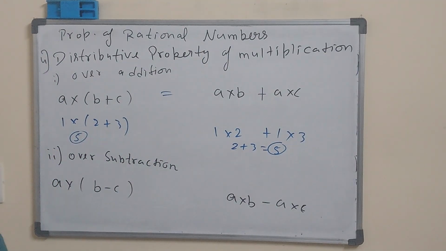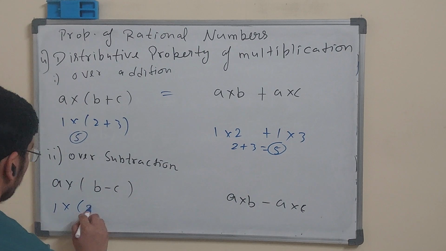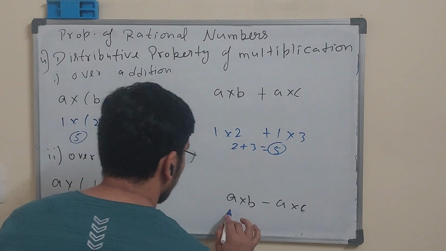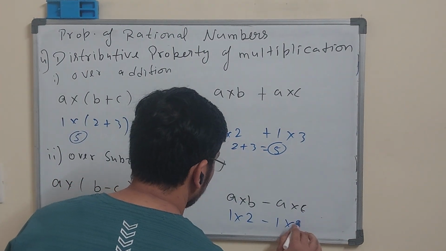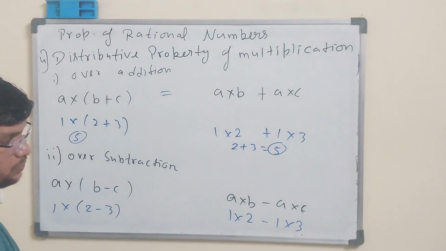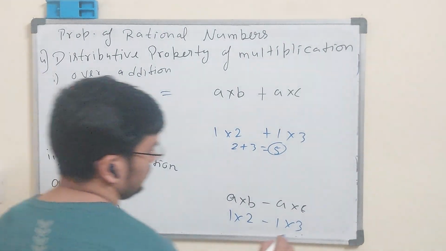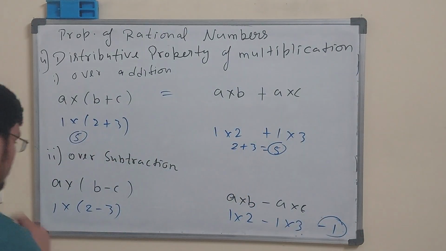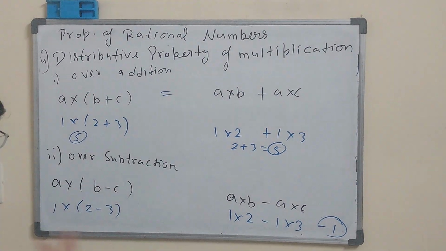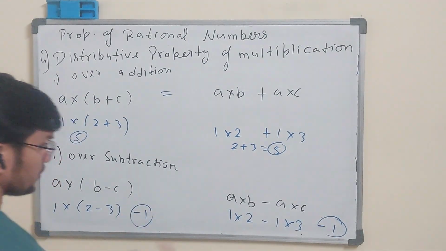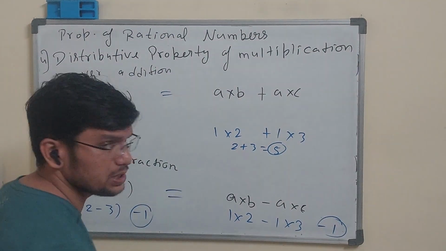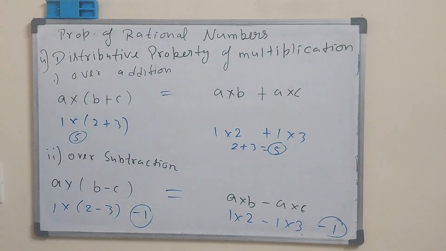In the case of subtraction, 1 into (2 minus 3) and 1 into 2 minus 1 into 3. 1 into 2 is 2, 1 into 3 is 3. 2 minus 3 we will get minus 1. On the left side, 2 minus 3 is minus 1, and 1 into minus 1 is minus 1. Both are same, so this property is valid. Is it clear or not?